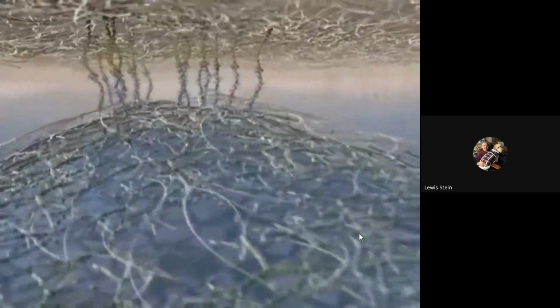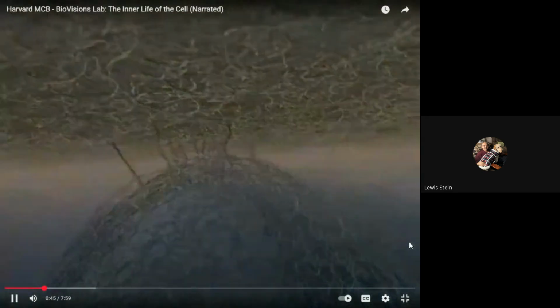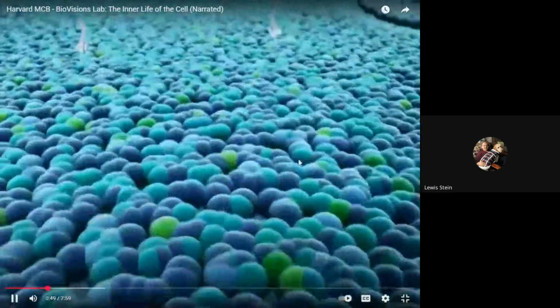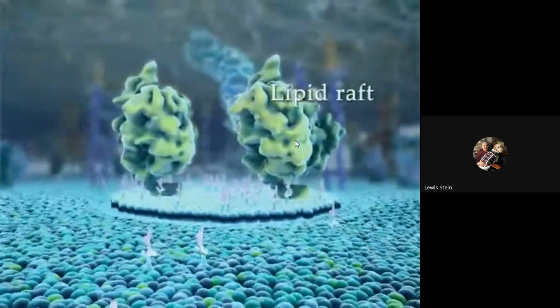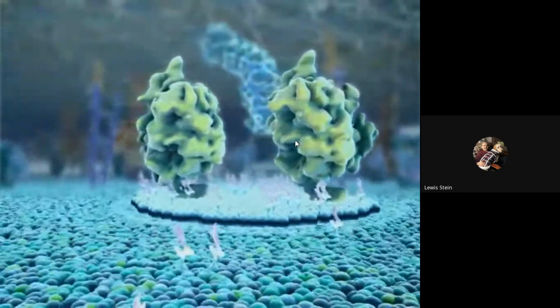See things attaching. That's how protein.